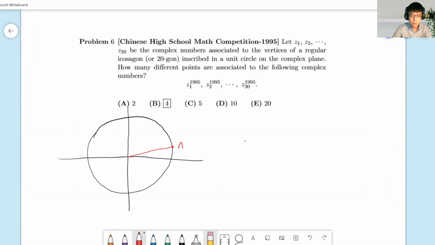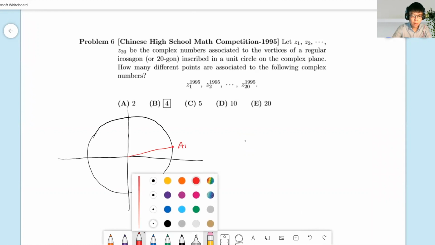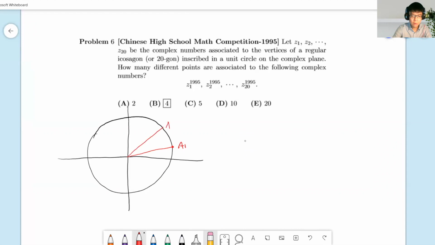Let me call this A1, and the next one will be A2, maybe A3, all the way up to A20. We know the whole circle has 2 pi. That means the angle between any two adjacent vertices should be 2 pi over 20. Here I'm going to assume A1 corresponds to angle theta.